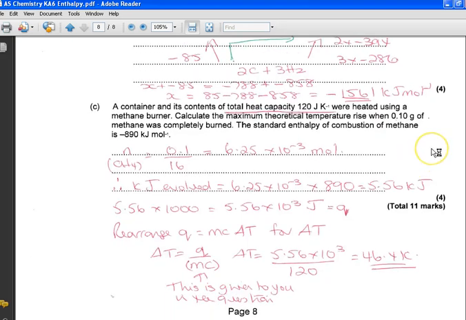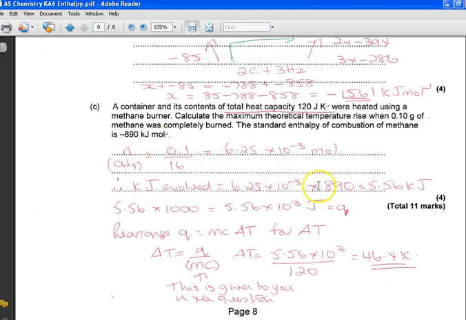This last one was obviously a little bit harder than something that you've seen before because you've always done the straightforward Q equals mc delta T calculation. But here you're given the total heat capacity, which is basically m times c. And you're told that you've got 0.1 grams of methane and you're given the standard enthalpy of combustion of methane, which of course relates to 1 mole of methane. So you find your number of moles of methane from your 0.1 grams and then that value, minus 890, relates to 1 mole.